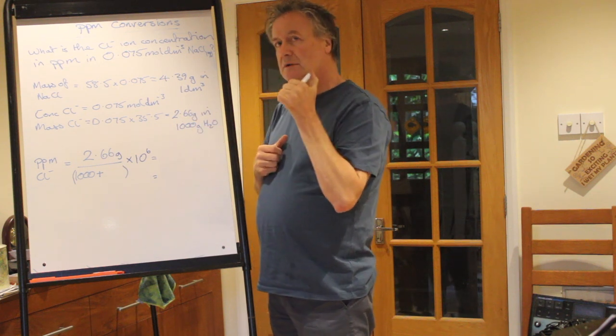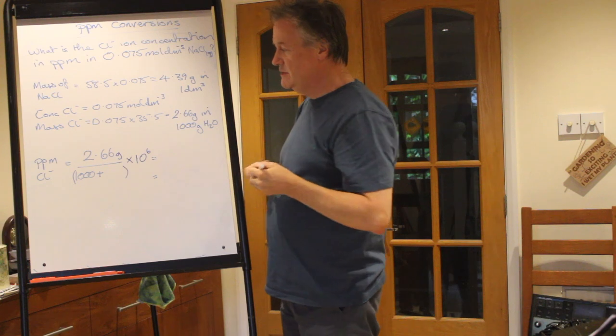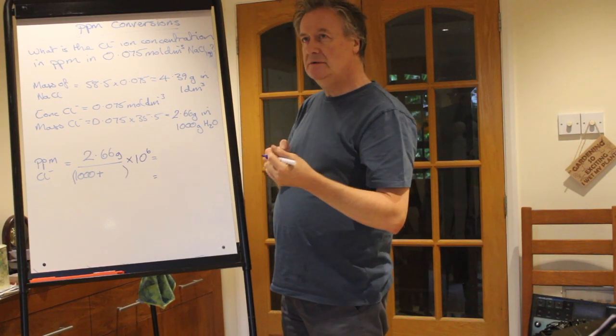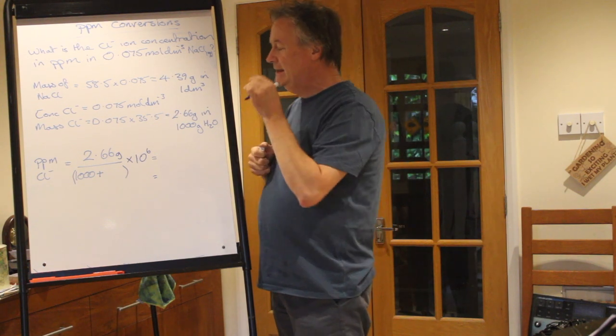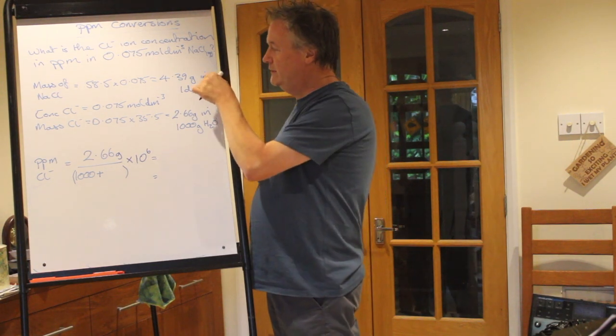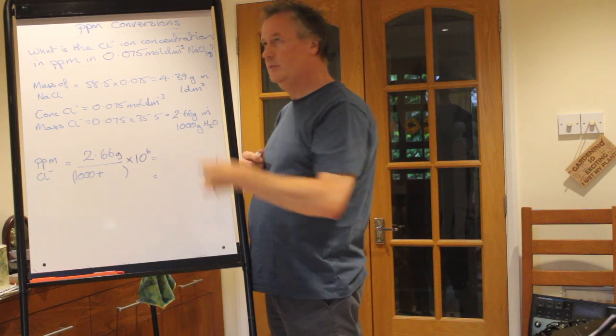So, setting up the PPM calculation, 2.66 grams of chloride ions. Now, you would go, oh, it's 1,000 grams of water, but actually that's not right. It isn't 1,000 grams of water because when you add 4.39 grams of sodium chloride, it becomes 1,000 plus 4.39 grams.